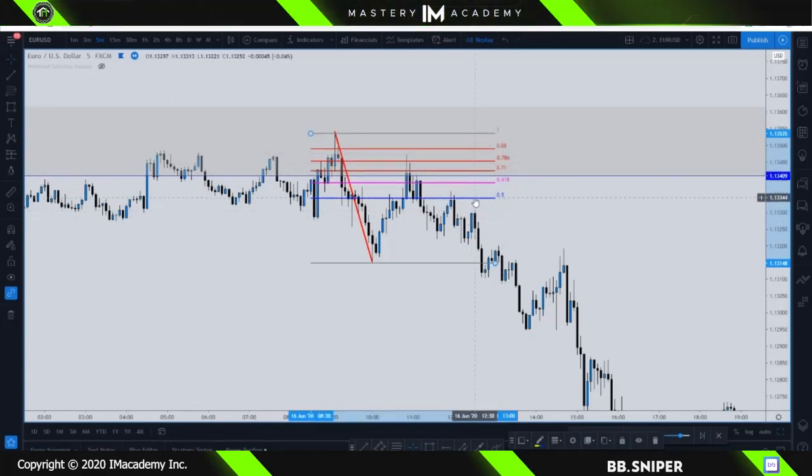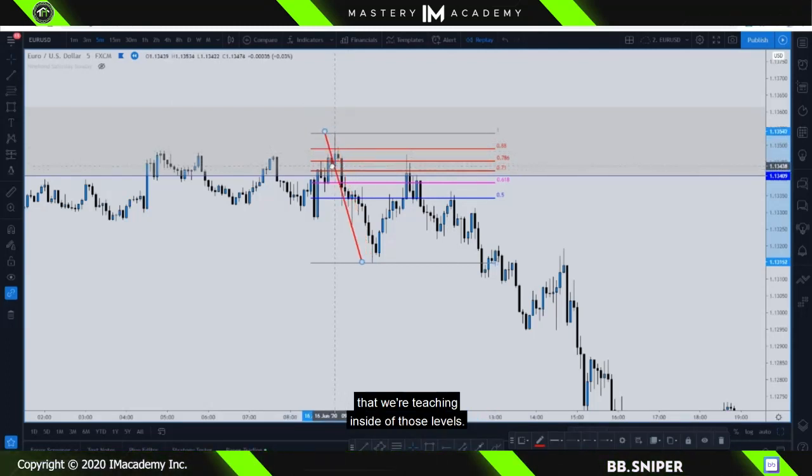That's why they are my favorite, especially if there are any concepts that we're teaching inside of those levels. And we have imbalance over here. We have an FU candlestick, which could also be our institutional candlestick for that matter, right? And it worked beautifully, right?